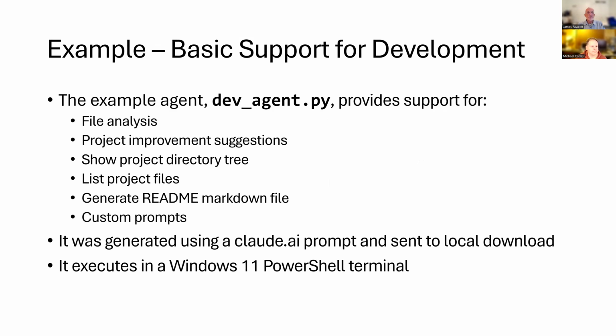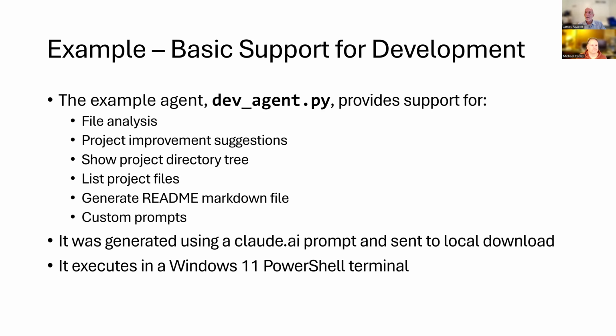I've generated a simple little example that I call the dev agent, and it provides support for file analysis and improving project suggestions and showing the tree and all of these things. I didn't tell Claude AI to put all this stuff in.